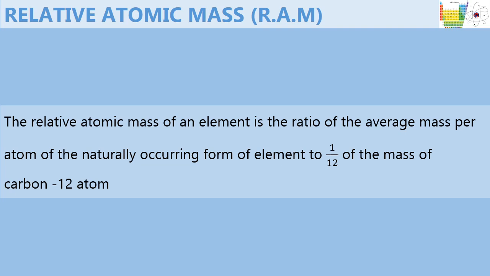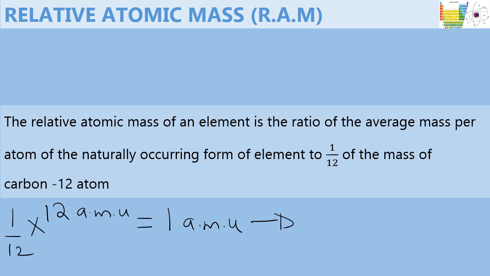Remember, the mass of carbon-12 atom is 12 atomic mass units. So if we are comparing with any other element, we have to take 1/12 times 12 atomic mass units to give us 1 atomic mass unit, and therefore this one can be used to compare any element.